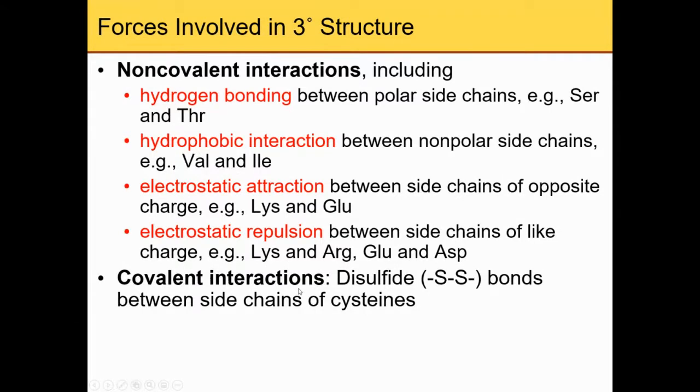Covalent would be the disulfide bond, and non-covalent, you have the hydrogen bonding between the polar side chains, hydrophobic interaction like van der Waals interaction between the non-polar side chains, and the electrostatic attraction, the ionic bonding between oppositely charged amino acids, and also the repulsion of like charges.